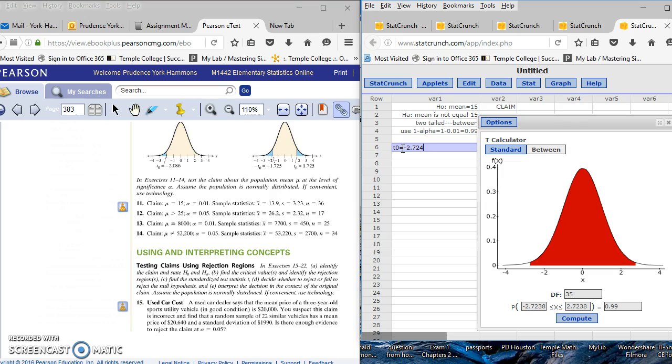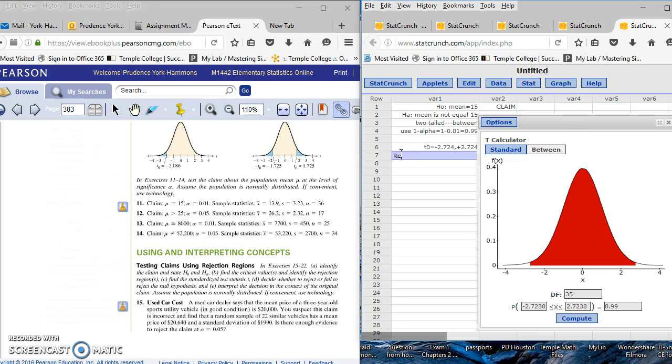I'm just going to use 3 decimal places in this one, and a positive 2.724. My stat lab will tell you how many decimal places to keep. In this case, I rounded to the nearest thousandth. So those are your critical values.